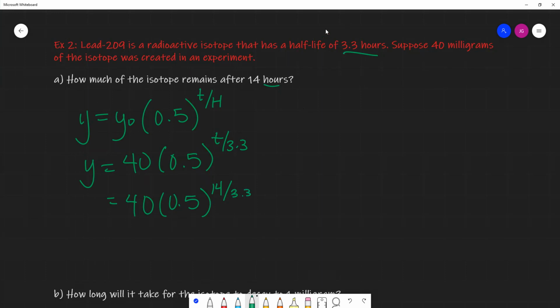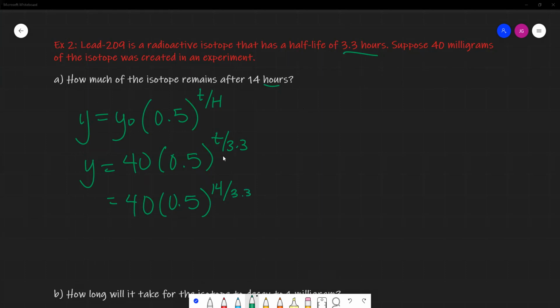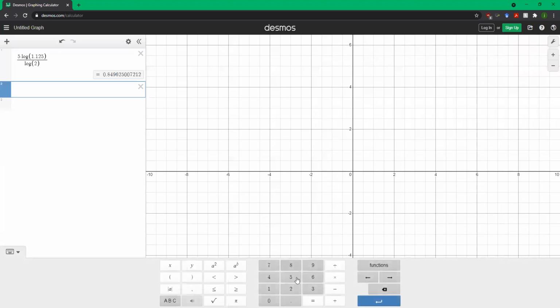I'm gonna head over to Desmos. And so we have 40, left parentheses, 0.5, right parentheses, a to the b, 14 divided by 3.3. Okay, and that is exactly what we have in our setup.